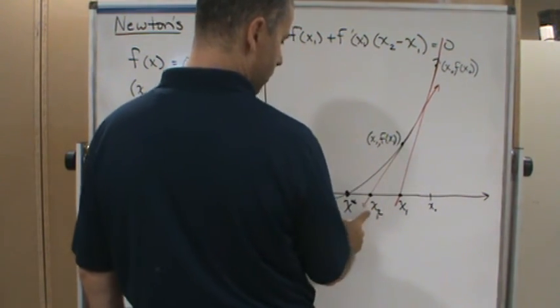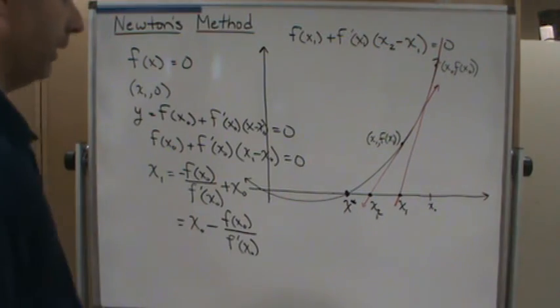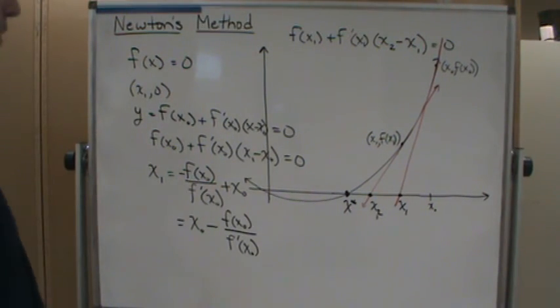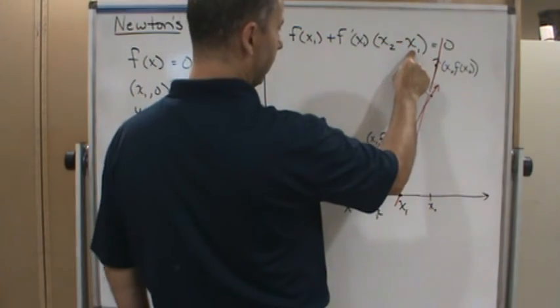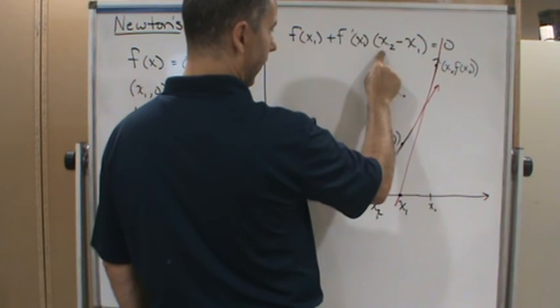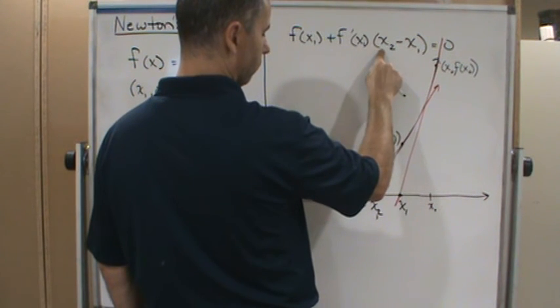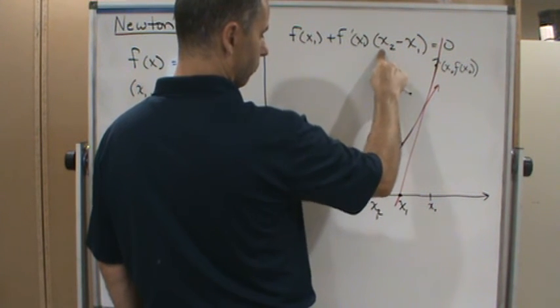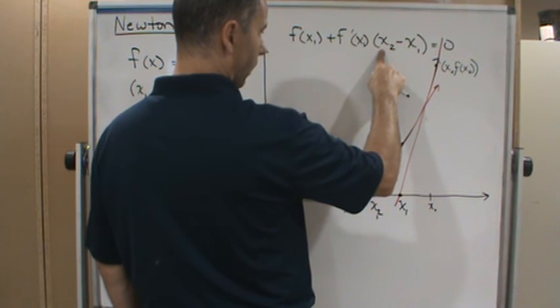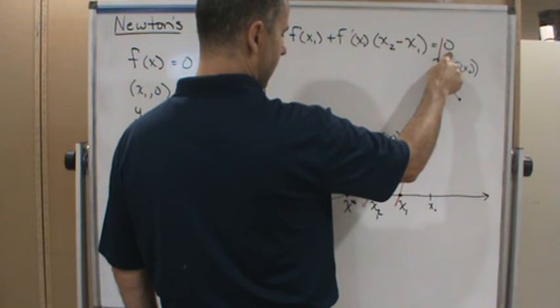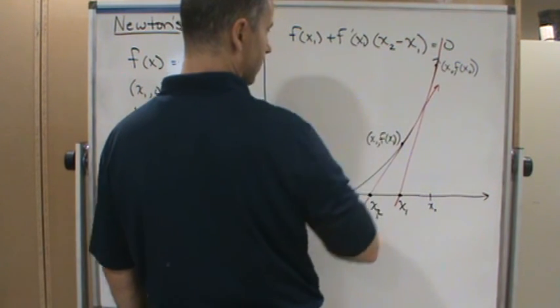So now x2 comma 0 becomes the intercept. So when we put in x2, then x2 needs to satisfy this equation.